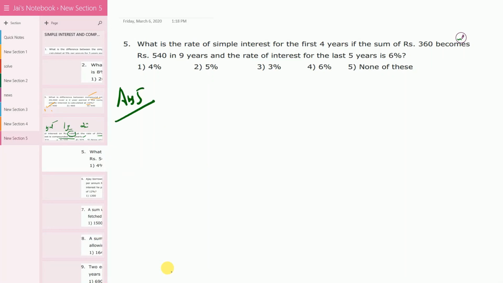What is the rate of simple interest for first 4 years if the sum of rupees 360 becomes rupees 540 in 9 years and the rate of interest for last 5 years is 6%? Okay, so here basically you need to understand that in the period of 9 years, they have divided it into 2 parts, the first 4 years and the last 5 years.